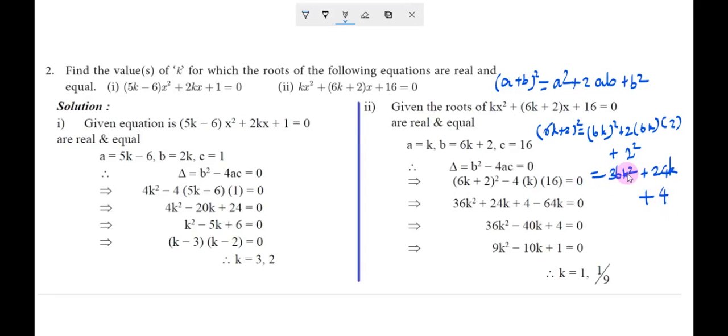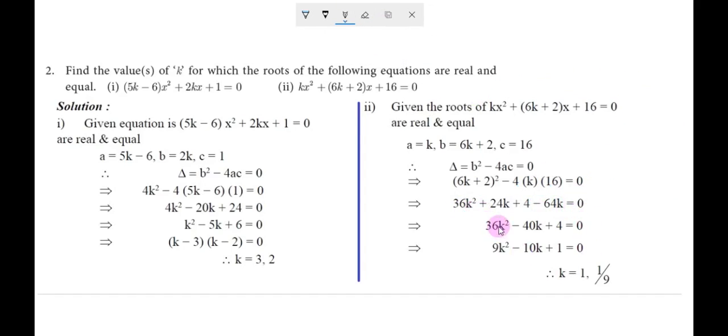So 36 k square plus 24 k plus 4. Next, minus 4 into k into 16, okay, 4 into 16, it is minus 64, okay. Next, k minus 64 k equal to 0.